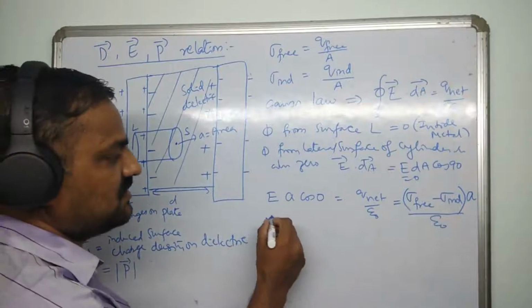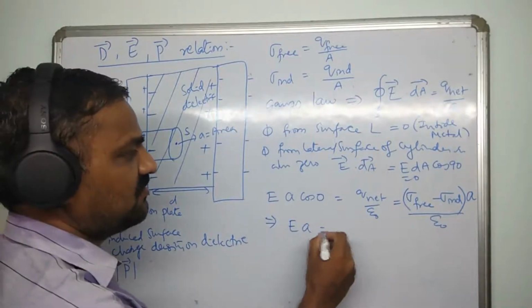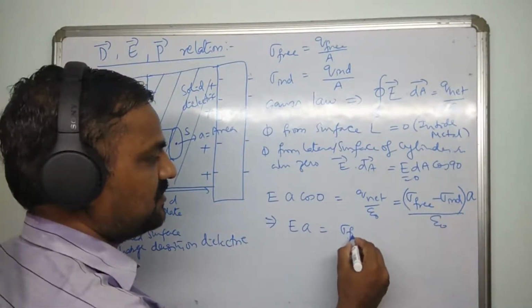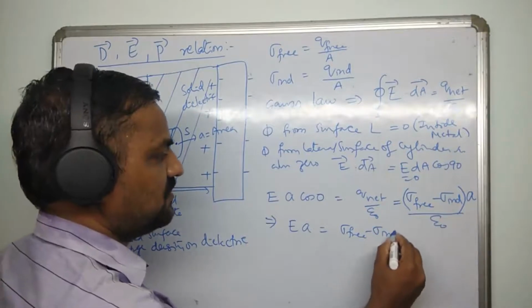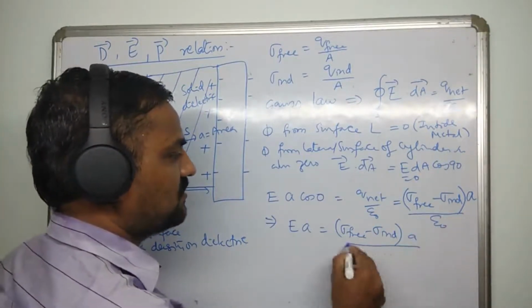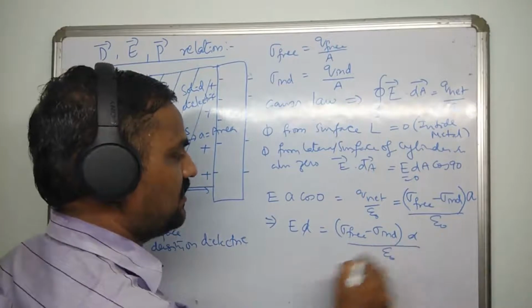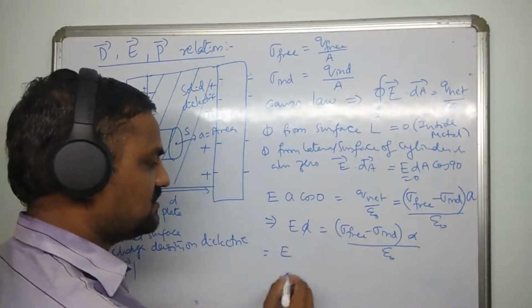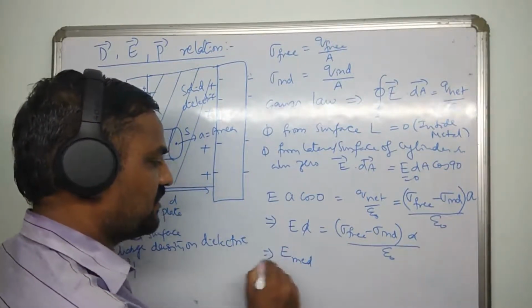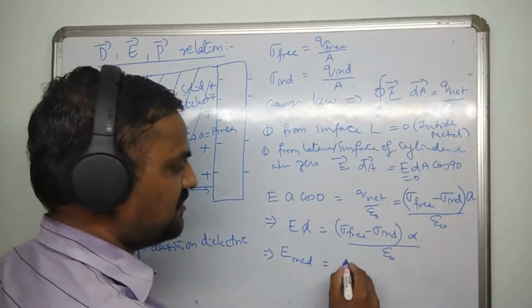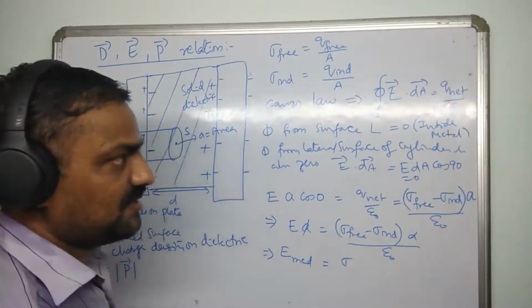So EA is equal to sigma free minus sigma induced times A by epsilon naught. We can cancel out the A, and E, which I am calling E medium, is equivalent to sigma free by epsilon naught minus sigma induced by epsilon naught.